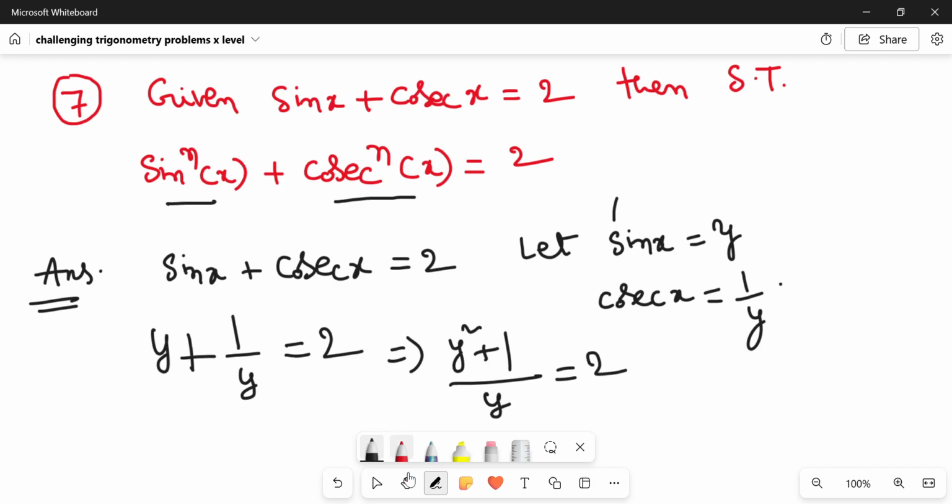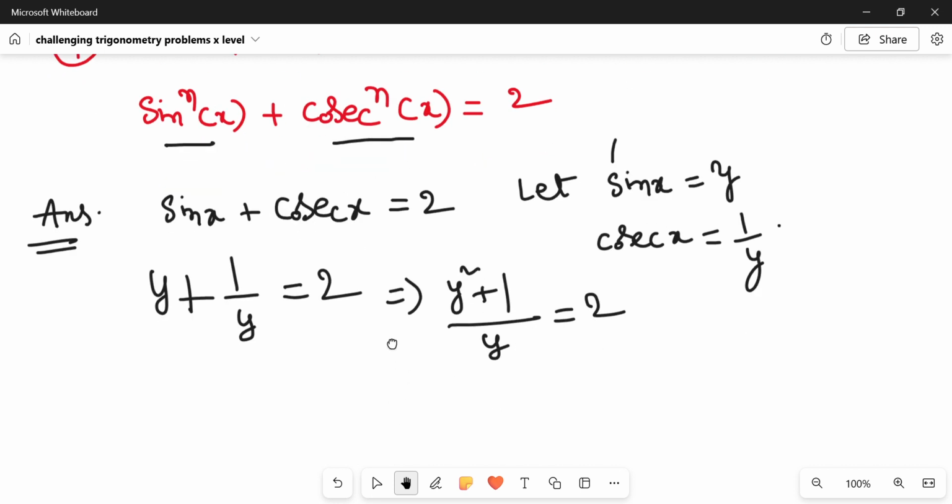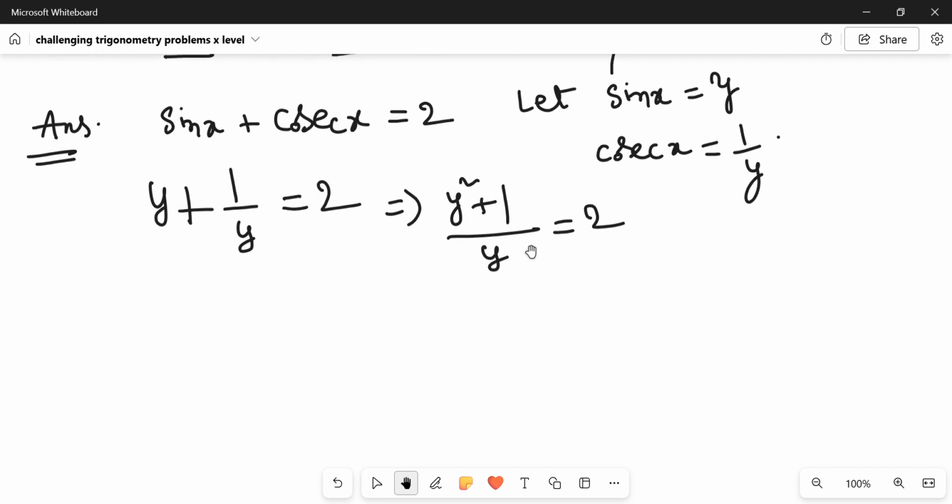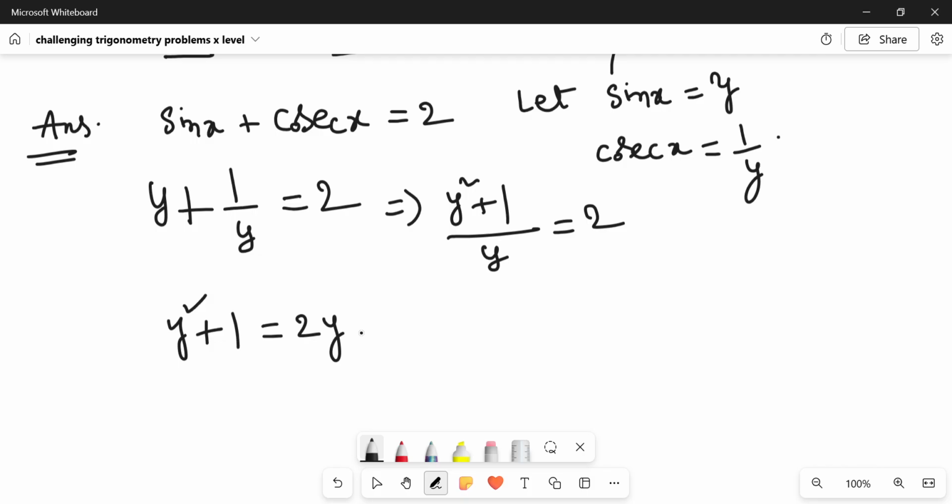Now let's multiply this y onto the other side. So you get y square plus 1 this side, that is equal to 2y, and let's swing the 2y this side. So you have y square minus 2y plus 1 equal to 0.